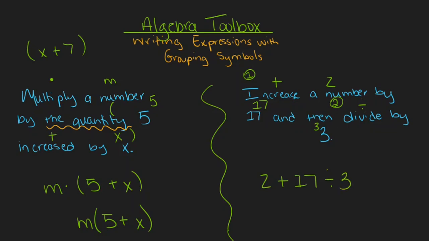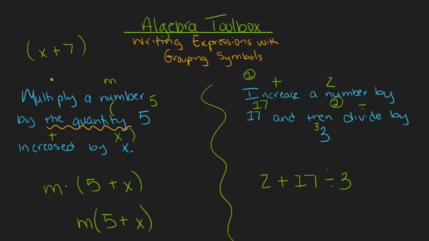3. If I leave it like this though, order of operations tells me that the first thing I would have to do would be dividing 17 by 3, because when we're simplifying expressions, division happens before addition does. But that doesn't match the scenario that we have in the word problem. We want to do the addition first and then follow up with the division.